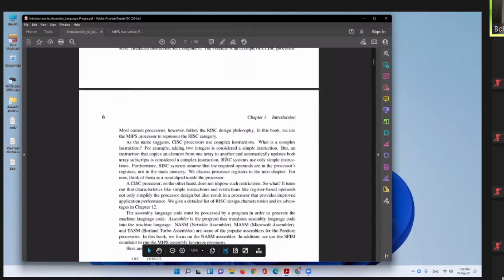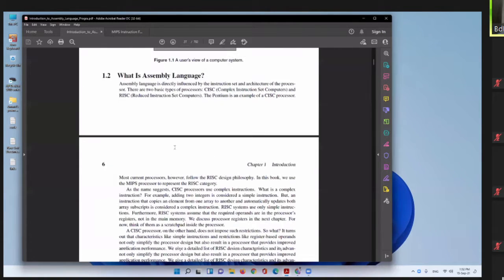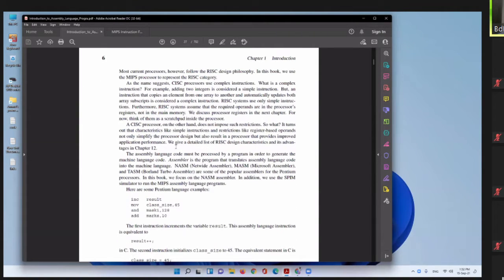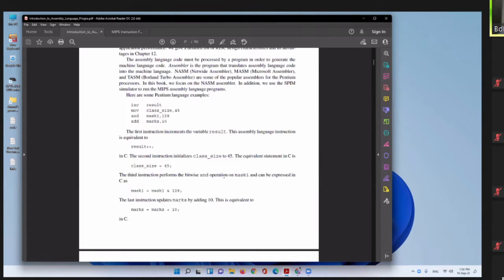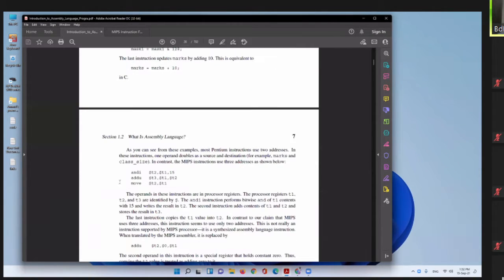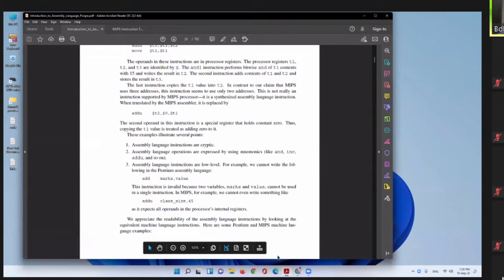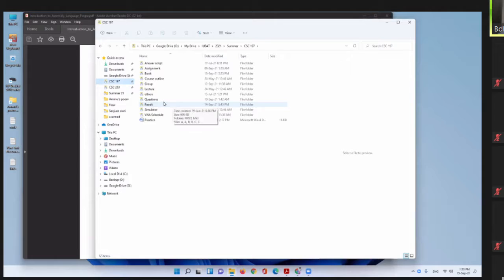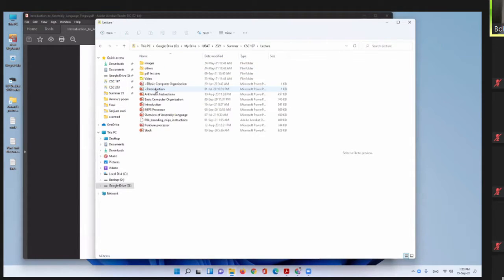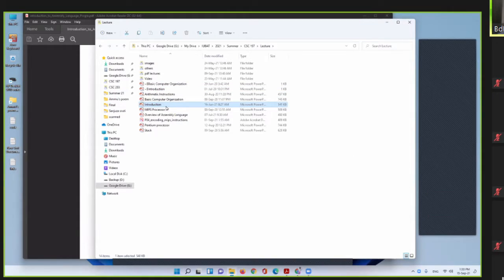We have discussed the 2 different types of processor, CISC and RISC. We have some examples of CISC, and this is the RISC example. I think for chapter number 1, we better discuss it in the introduction.